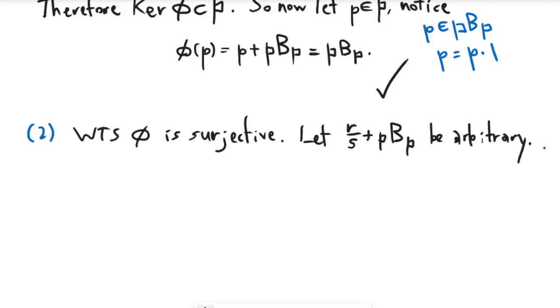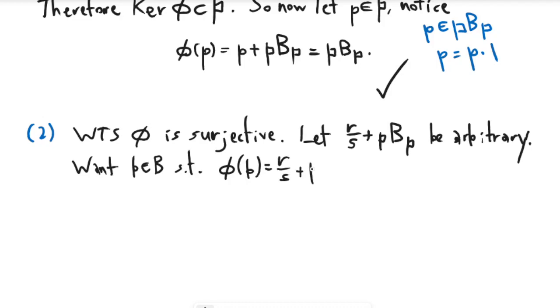And what we want to do is produce some element of B, right? So we want b in B such that phi of b is equal to this coset.